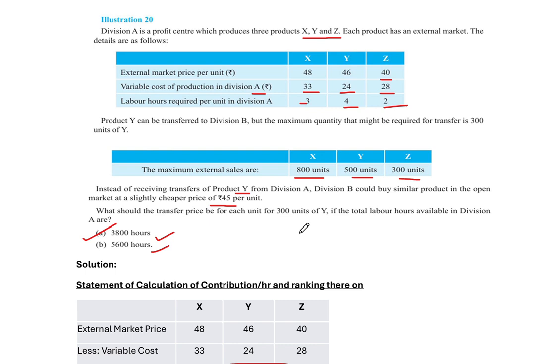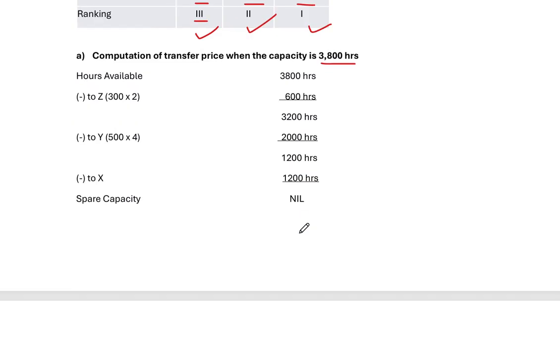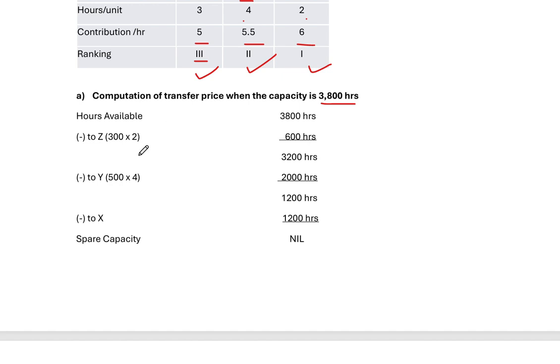Since Z gives the highest contribution per hour, we produce Z fully. Let's start with Z. To produce 300 units at 2 hours per unit, the total utilized hours will be 600 hours. Now the remaining hours is 3200 hours.